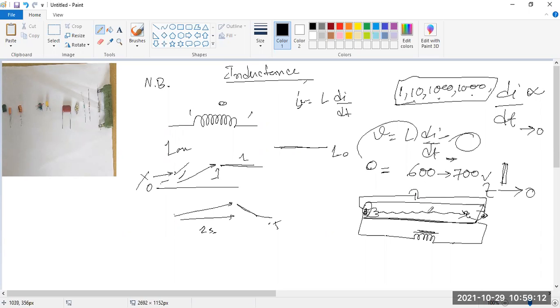And why is this included in your basic lab? Because you have to understand this inductance. This copper coil choke is nothing but a coil, and this is an inductance. Okay, and this inductance works on the property of L di/dt, where dt tends to 0.